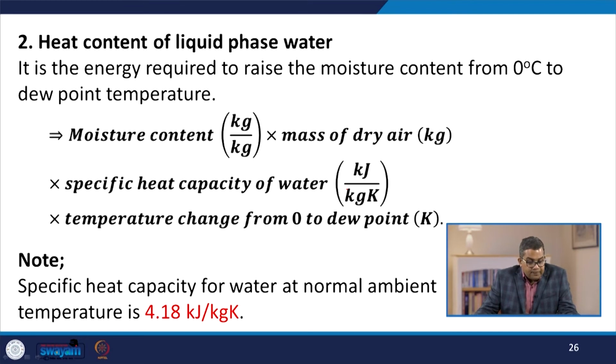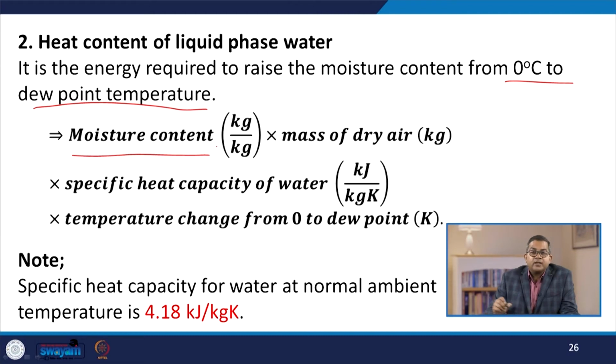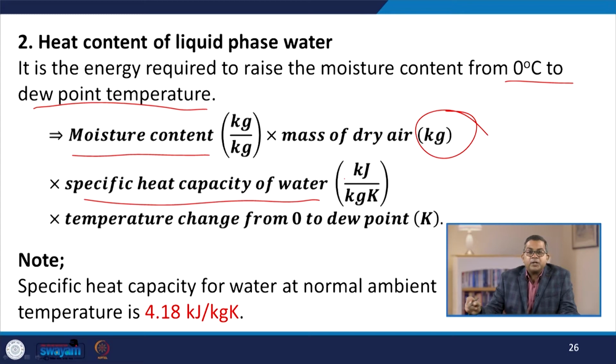Now, second is the heat content of liquid phase water. The energy required to raise the moisture content from 0 degrees Celsius to the dew point temperature, which we have already discussed, comes out to be moisture content in kilogram over kilogram, into mass of dry air in kilogram, multiplied by the specific heat capacity of water in kilojoule per kilogram Kelvin, into the temperature change from 0 to dew point, with dew point temperature represented in Kelvin.